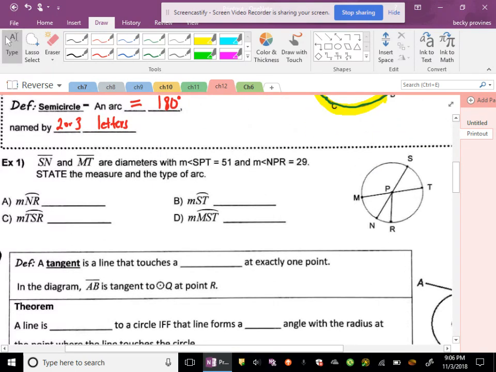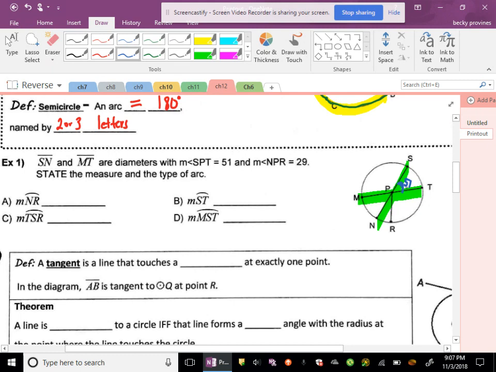All right, let's read the next one. SN and MT are diameters. So when it tells you it's a diameter, that means it's half of a circle. So that means it's a semicircle. So it has the measure of SPT. SPT, this angle over here, is 51.